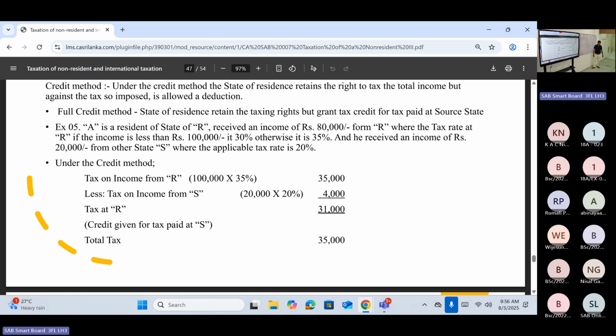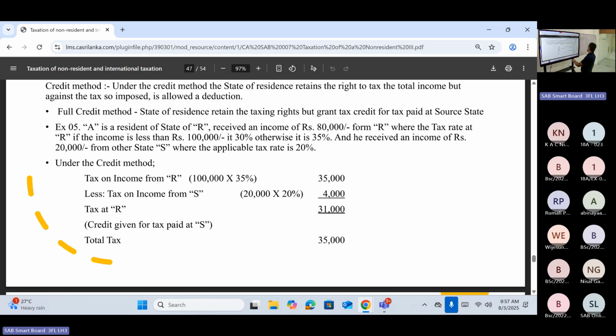He paid tax in the source country, and we are giving full credit. He has already paid 4,000. Now he has to pay 31,000 in country R. Ultimately, he is paying 35,000 anyway.